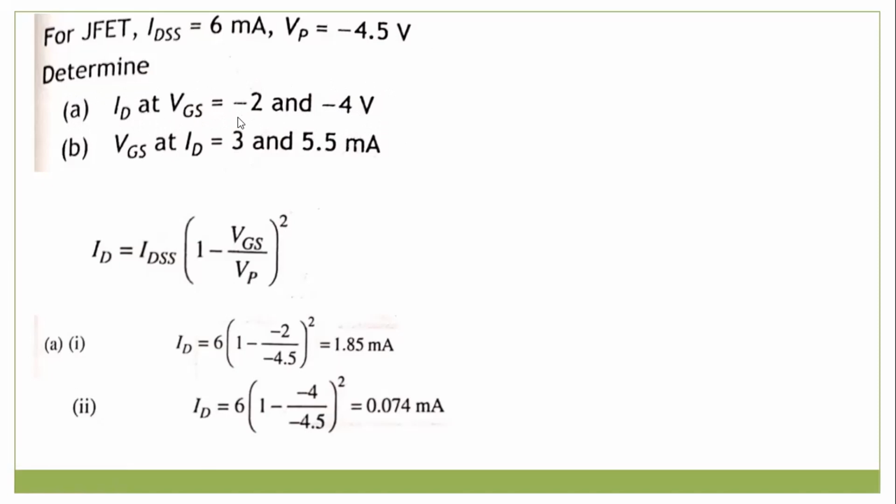Now what is the next parameter I need to find out? The next parameter I need to find out is the VGS when the ID value is provided. So here also I will go with the same Shockley equation only. Here the ID value given is 3 milliamps, and the IDSS value provided is 6 milliamps, which is substituted.